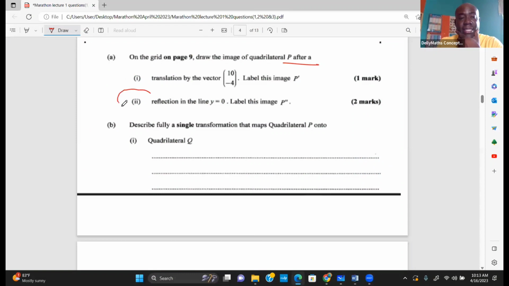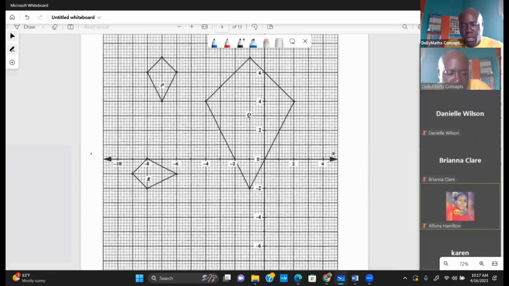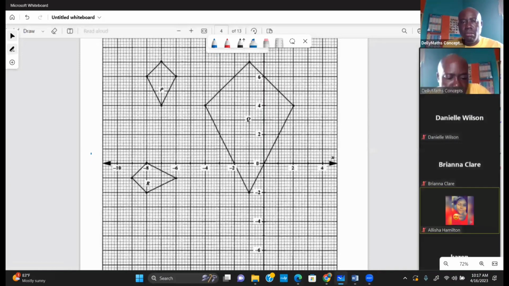The next part of the question says do a reflection in the line y equals 0. You have to bear in mind what this means. Y equals 0 actually means the x-axis. Remember, a reflection is a mirror. So you're going to count to the x-axis, and the same units you get on top are going to fall the same units beneath.